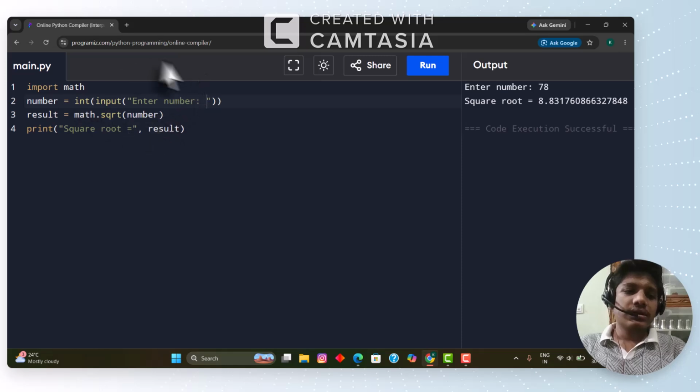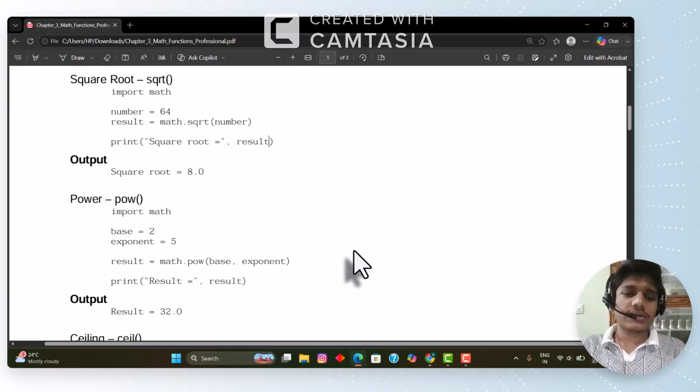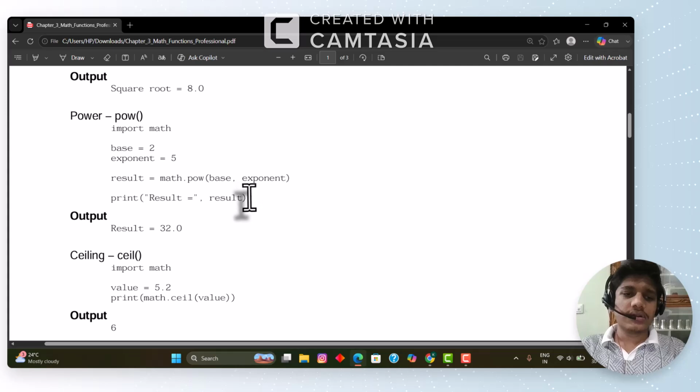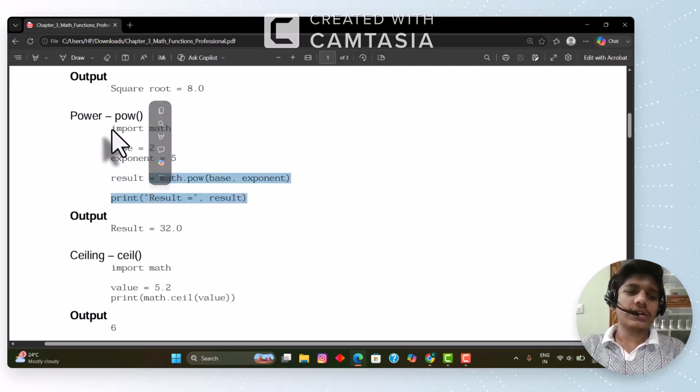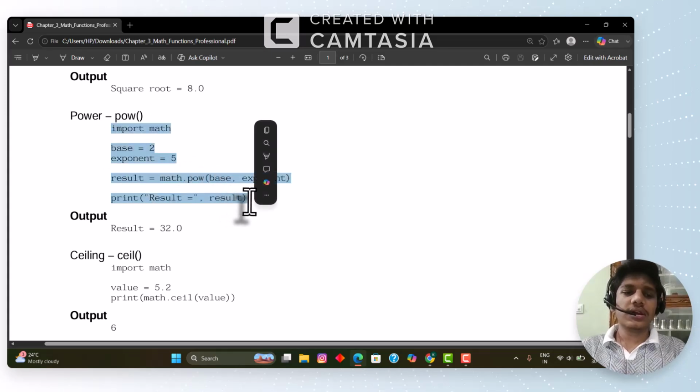So this is the square root. You have to use square root in this form, and after this, power. We already discussed why we get decimal places.